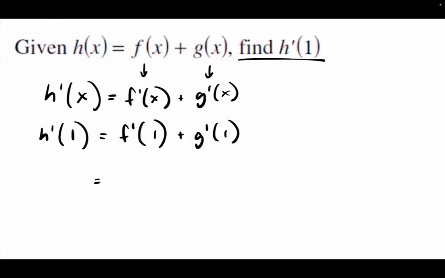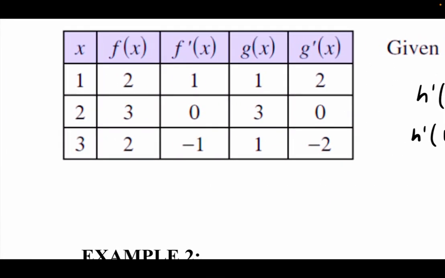Okay? Now, to find this guy and this guy, I need to use the table. So I'm going to use the table to figure out what f prime of 1 is. You go to f prime, the second column, when x is 1.